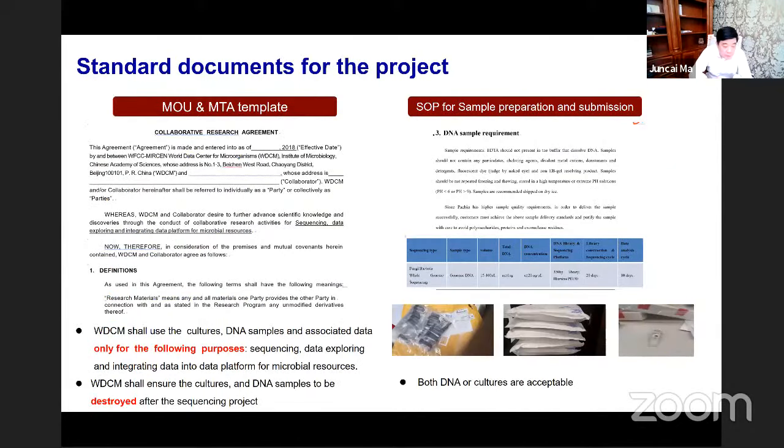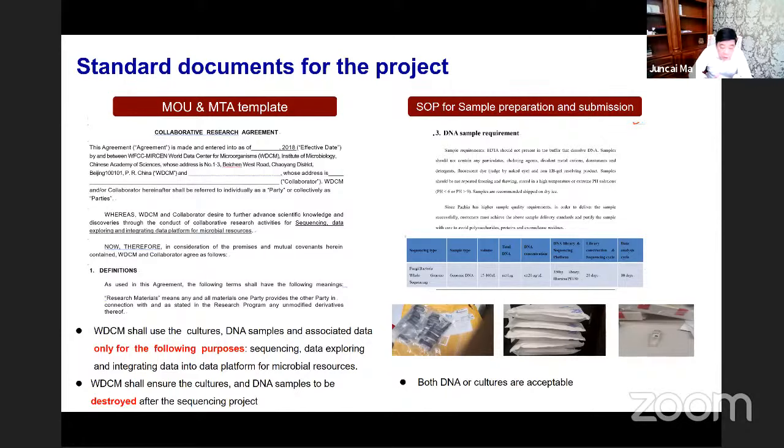Through our project, we developed several standard documents, MOU and MTA, for any collection. If you want to join the project, we need to sign the MOU with your host organization, and we also need to sign the MTA document with you.